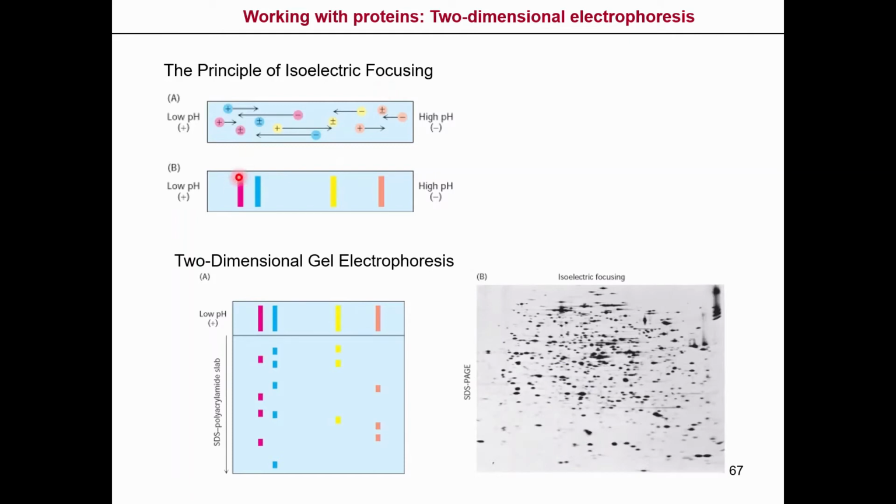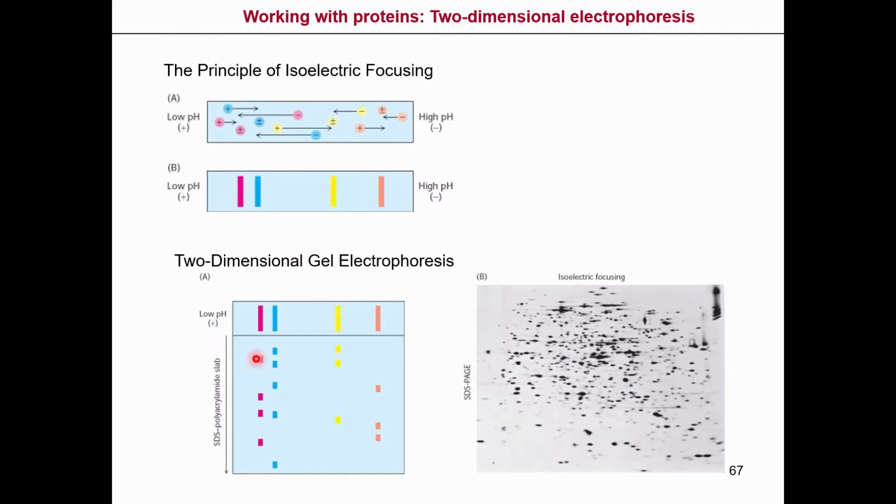So you will have several bands corresponding to several proteins with the same pI. So the pink protein, maybe you have 4 proteins, but with the same pI.